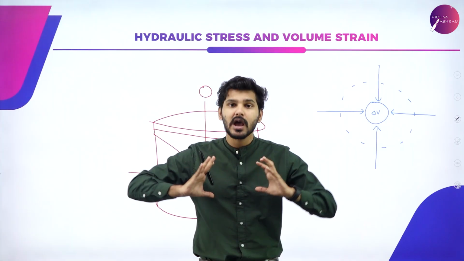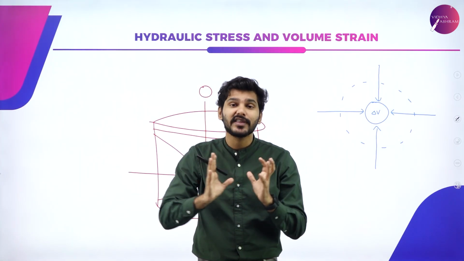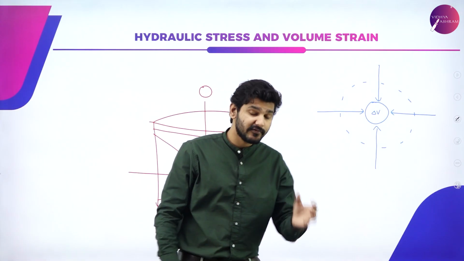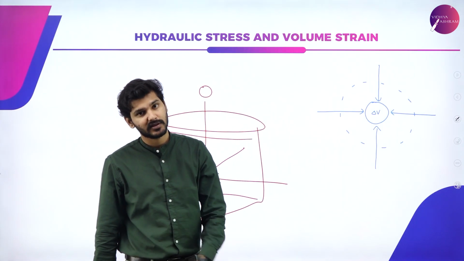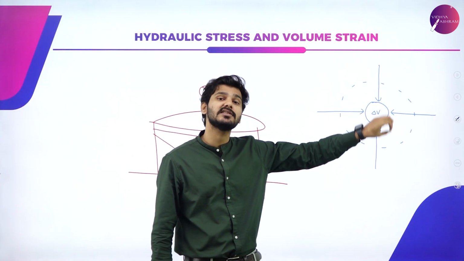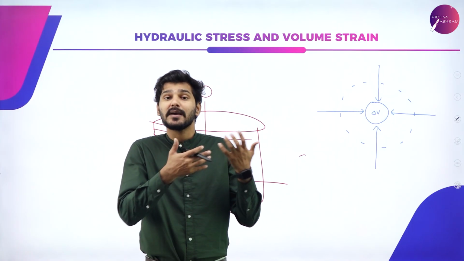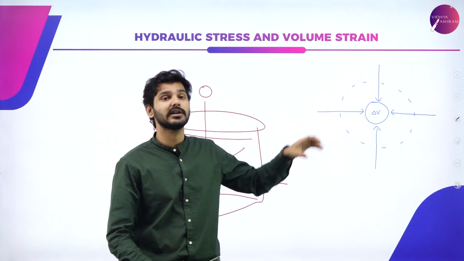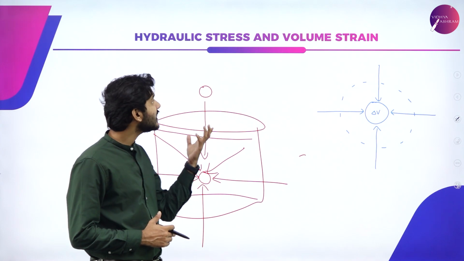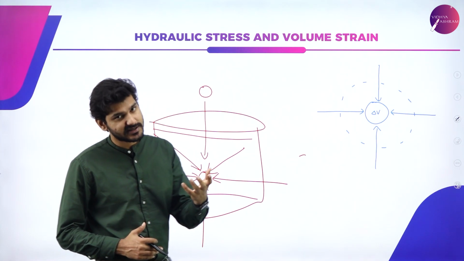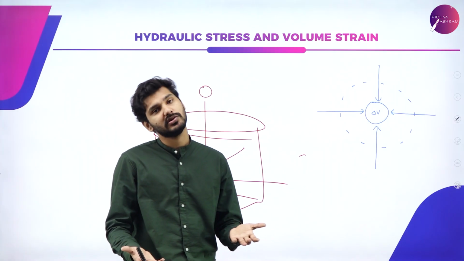When we apply a deforming force like this onto that solid object, the volume of that solid object changes. The volume actually decreases. This change or the restoring force developed per unit area in this case is known as hydraulic stress. And volume strain is nothing but the change in volume to the original volume.